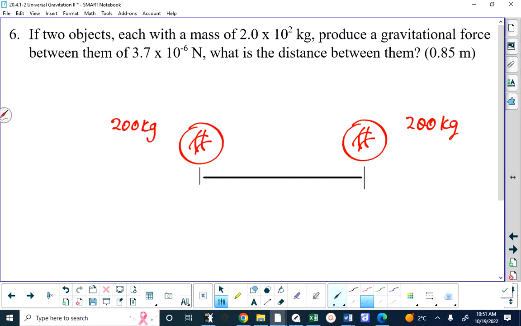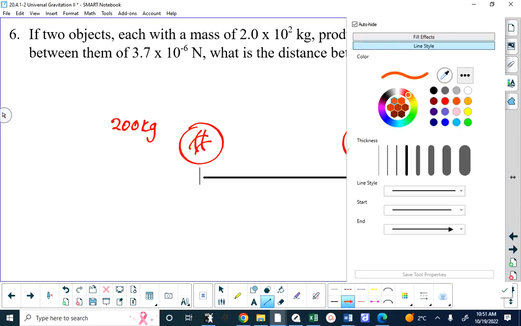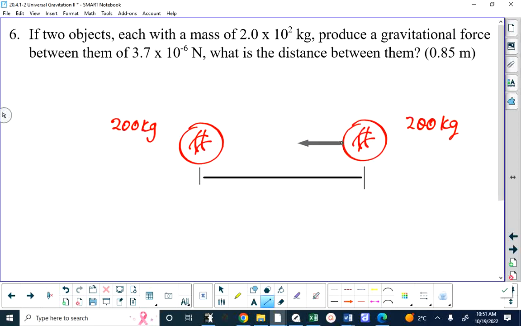You're told that the gravitational force, quote, between them, whatever that means, which I'm about to explain, is 3.7 times 10 to the negative 6 newtons. What that means is that there is a force due to gravity that is pulling this mass to the left, and the force due to gravity is pulling this mass to the right, and the force is 3.7 times 10 to the negative 6 newtons.